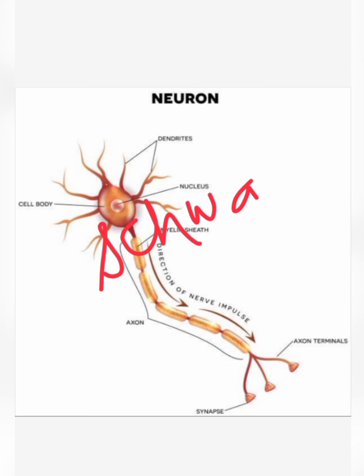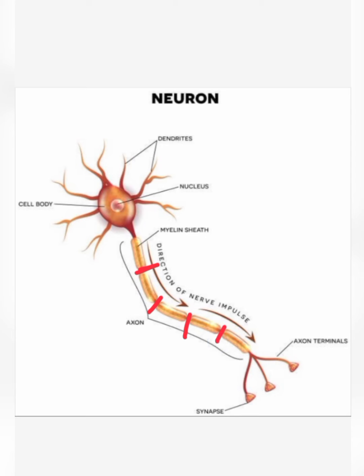One more thing: we can see that there is spacing between the myelin sheaths. Like in a stem, where we have learnt about nodes and internodes, in the similar way we have nodes present in the axon also, because it resembles a stem.